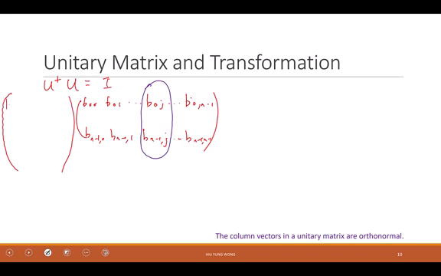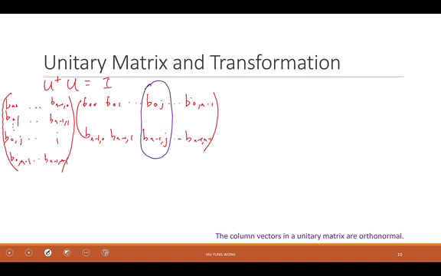This becomes B00, B01, all the way to B0J, B0 n minus 1. Okay, again, I only do this. And then this one becomes B n minus 1, 0, B n minus 1, 1, all the way to B n minus 1, n minus 1.